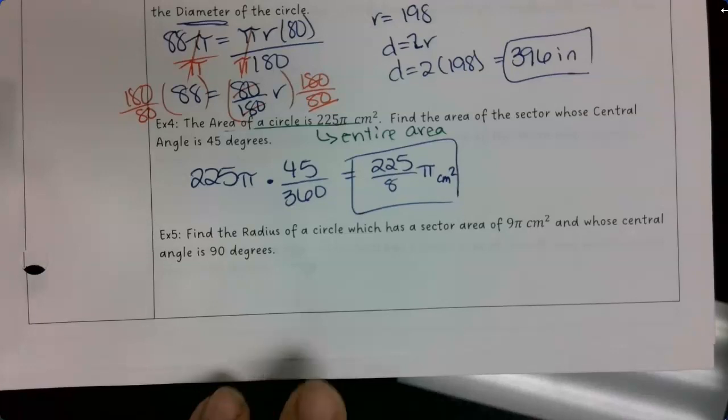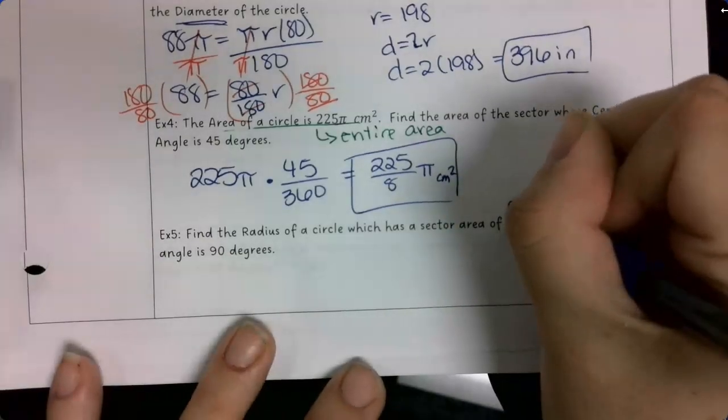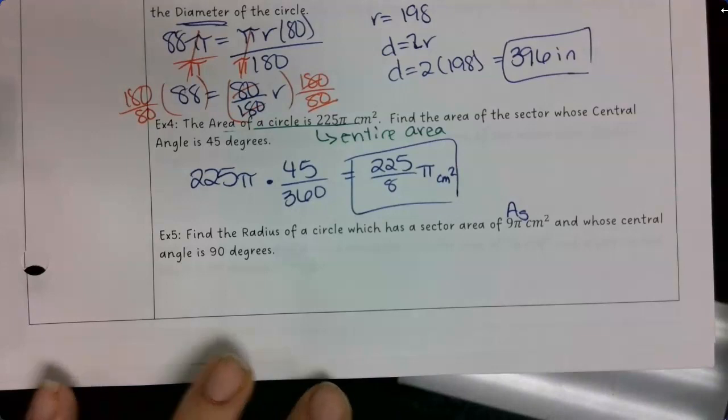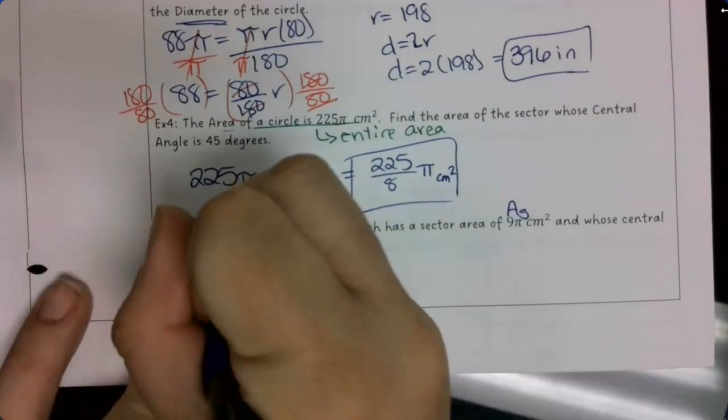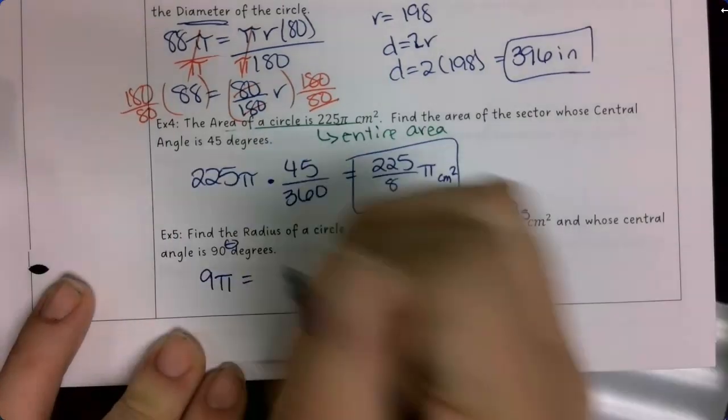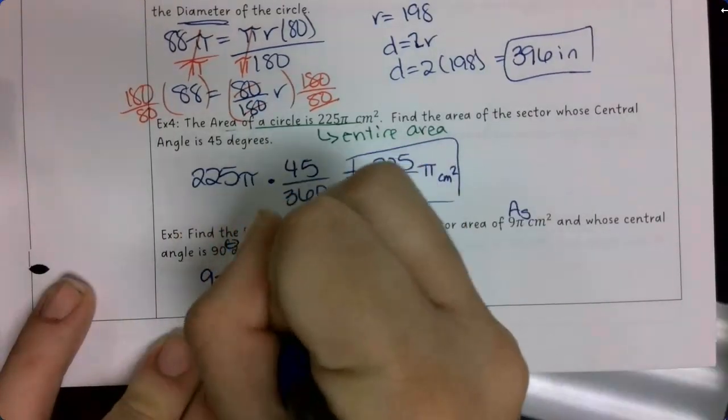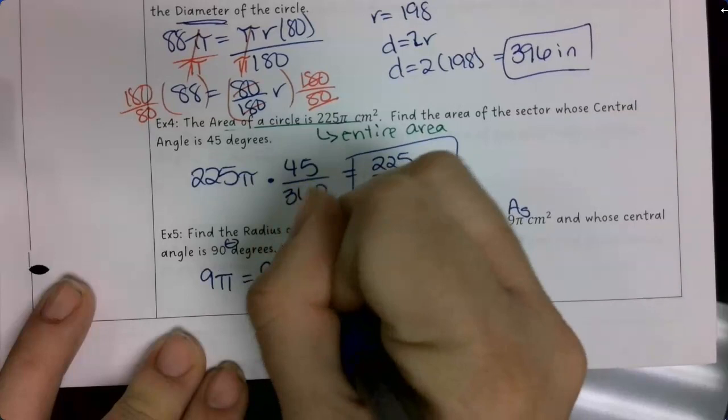Number 5 wants me to find the radius of the circle, which has a sector area of 9 pi centimeters squared, and whose central angle is 90 degrees. So this one is just plugging into that formula on the top left. So I have 9 pi equals 90 over 360 times pi r squared.